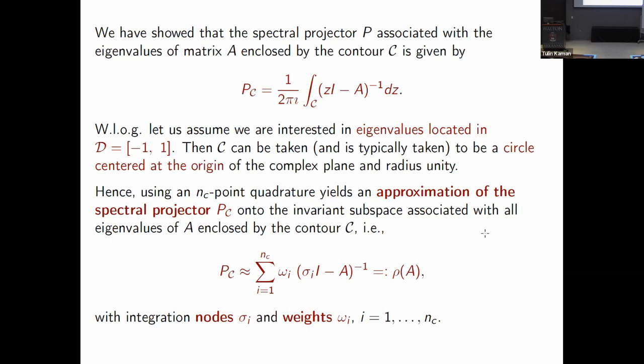Then C can be taken just as a circle centered at the origin with a radius of 1, and we are sure the whole interval is inside it.